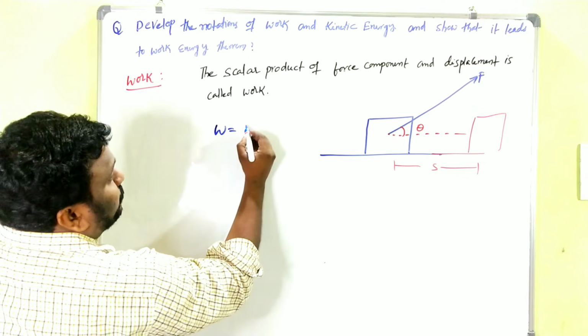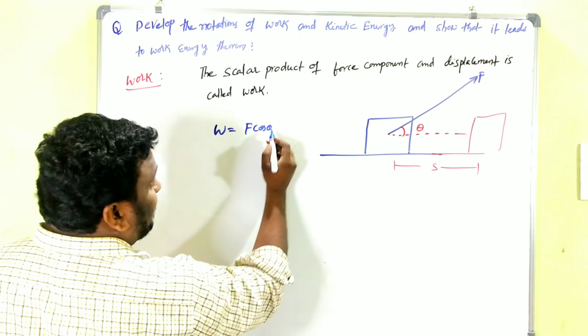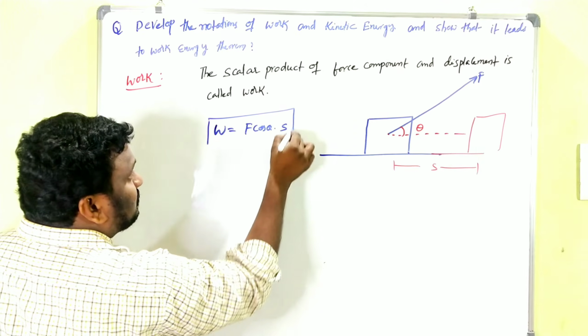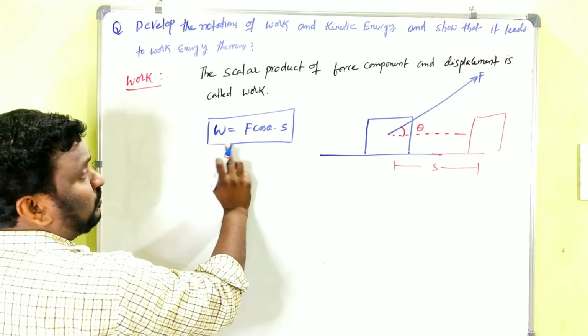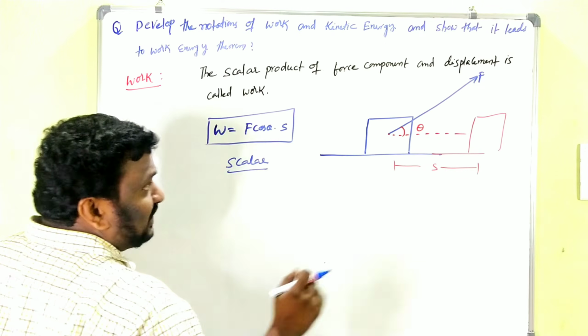W is equal to F cos theta into S. This is the expression for work, and work is a scalar quantity. It has only magnitude.